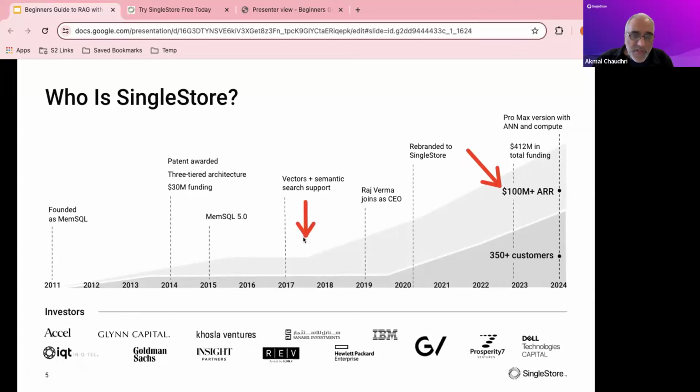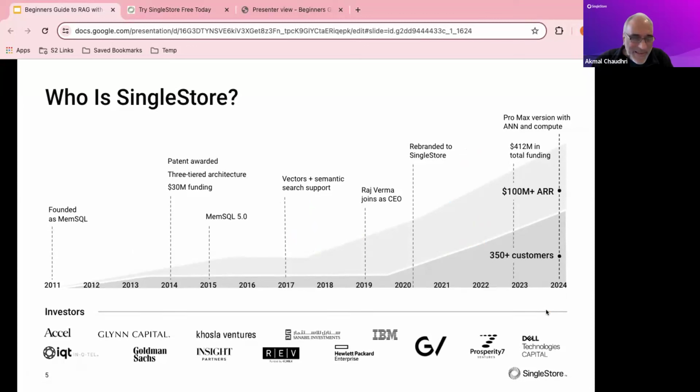There's a bit of an inflection point somewhere between 2017 and 2018, when it started to grow significantly, and over 350 global customers as well. Someone asked me, is that 350K? Not quite, not yet. Maybe someday we'll get there.